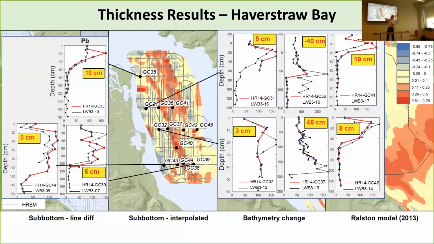So for the new cores the top is higher, so we shifted the old core down for comparison by 10 centimeters, which fits our area here, where the yellow is plus minus 10 centimeters. The same here, we see a lot of deposition for some of those cores that we took in the center. Here it's almost 45 centimeters.